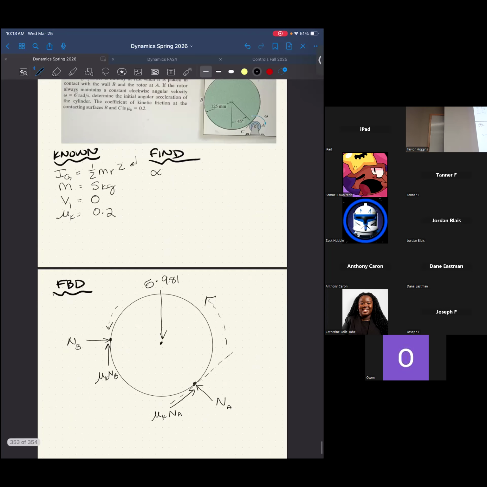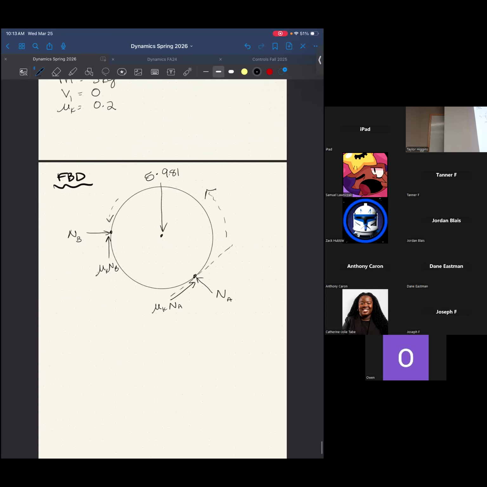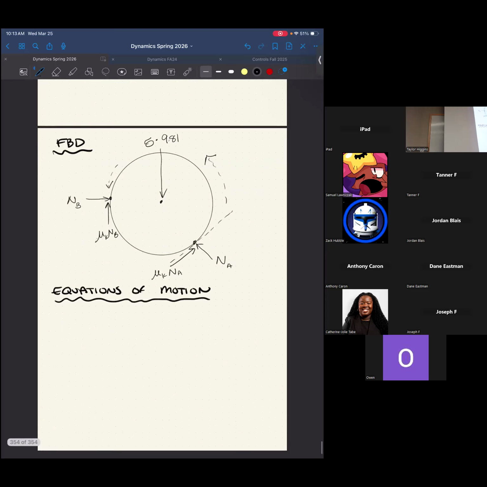Okay, so my steps are known, find, free body diagram, and then what? Equations of motion. Good. Okay, and with a rigid body, I have 3 different options for my equations of motion. I have sum of forces in the x, sum of forces in the y, and then summing moments, usually about G. So let's talk for a second about these first two.